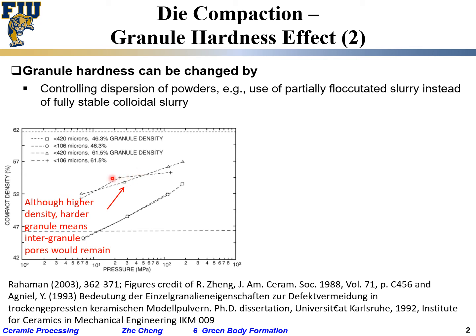If they are too hard, the intergranule pores and the intragranule pores would remain, which means as you apply pressure higher and higher, they do not go away. They would maintain their porosity. They become too hard. If you look at the slope, it's actually going to take up even further. Okay?